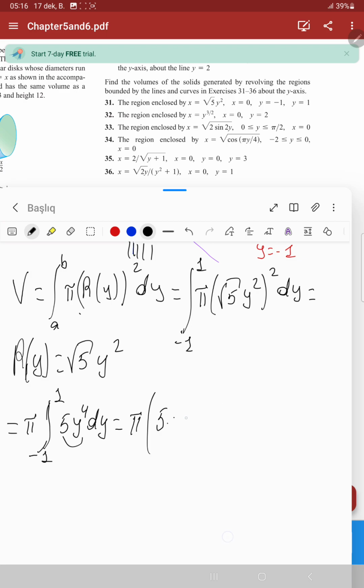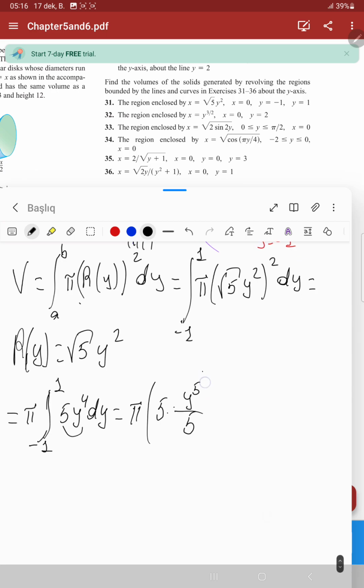So the integral of y squared is y to the power of 5 over 5, from -1 to 1.